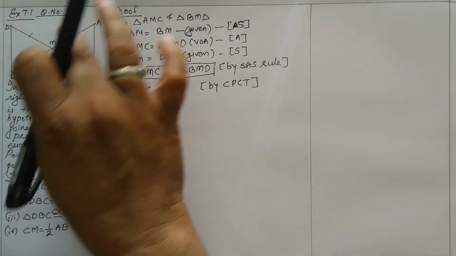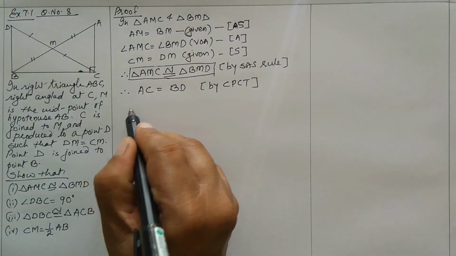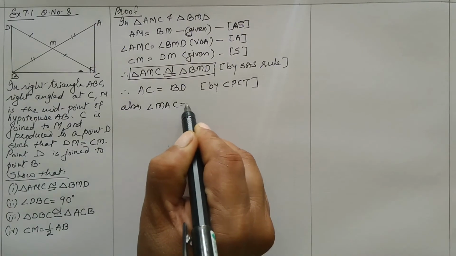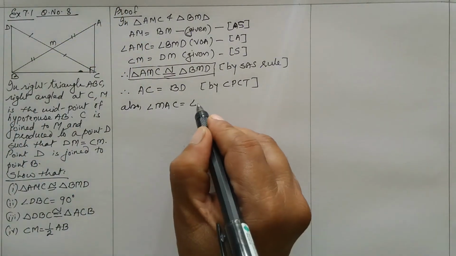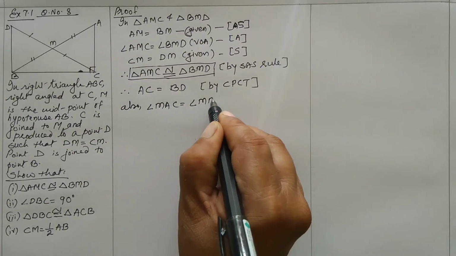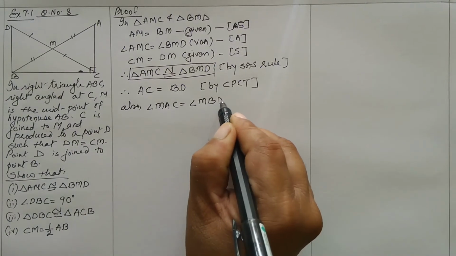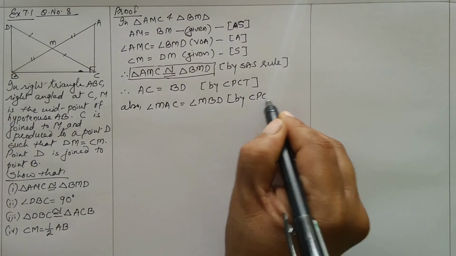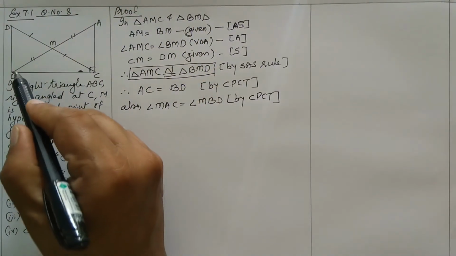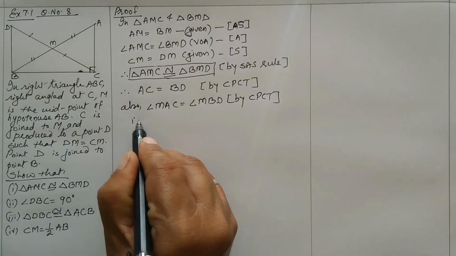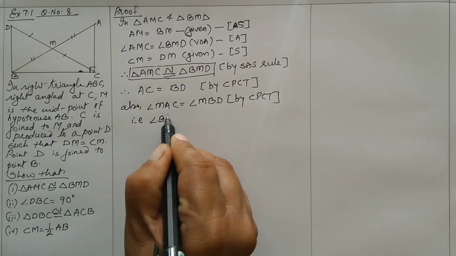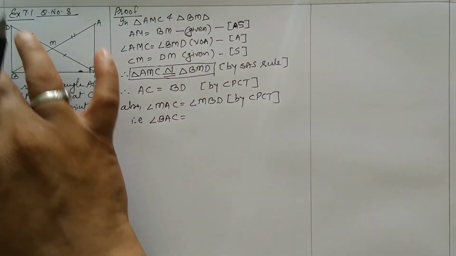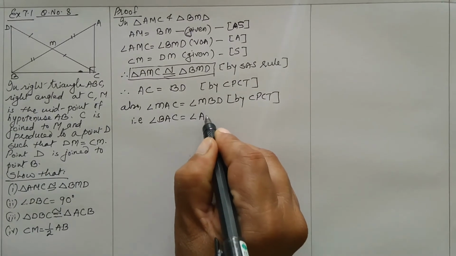Also, angle MAC is equal to angle MBD, same reason, by CPCT. Now, MAC, that is angle BAC, is equal to MBD, that is angle ABD.